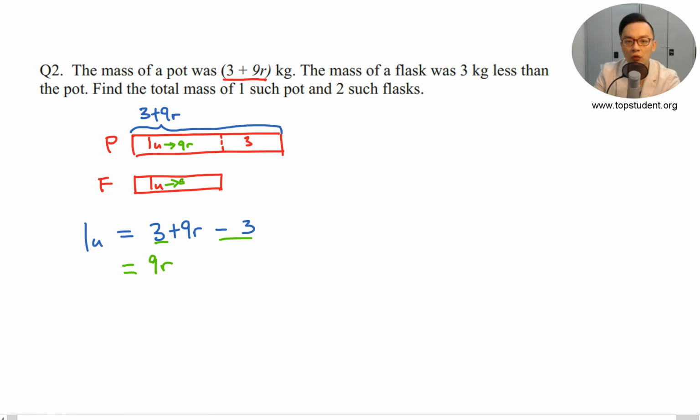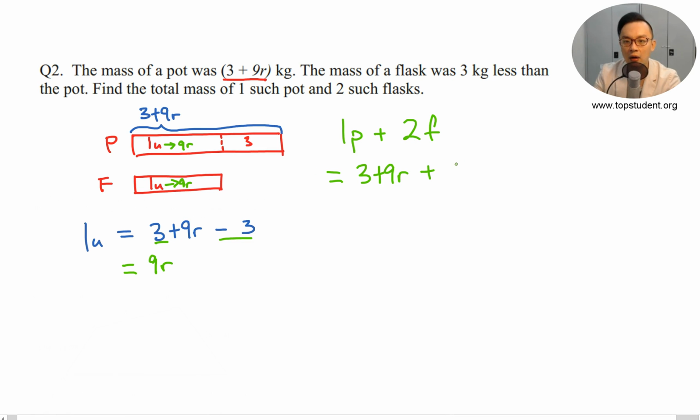All right, you have to know how I get this line, because if you don't know, then review this video again. So 1u is 9r. So find the total mass of one such pot and two such flasks. So one pot plus two flasks is equals to, one pot is 3 plus 9r plus 2 flasks.